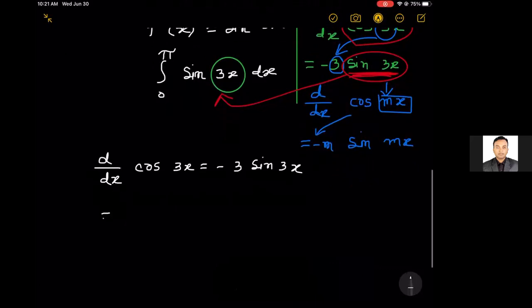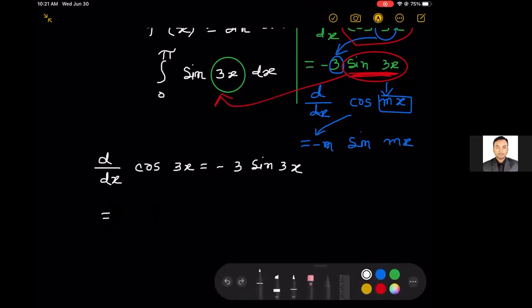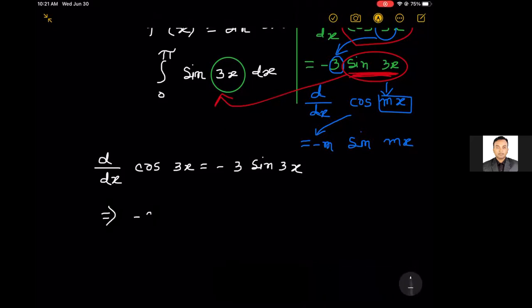That means if I do the other way around, the antiderivative of -3 sine 3x would be cosine 3x, right?